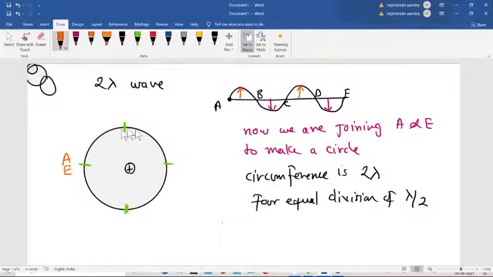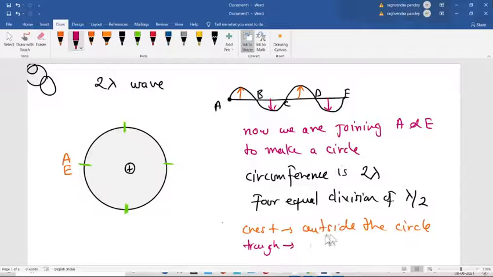So here, this is the circle I made. Now A to B, this is crest. I am making the crest outside the circle or orbit, and the trough is inside the circle.